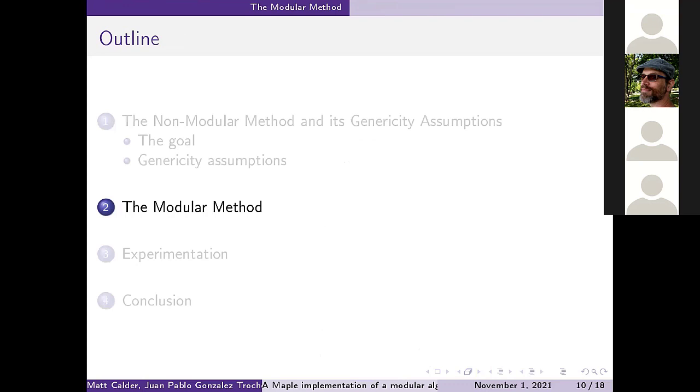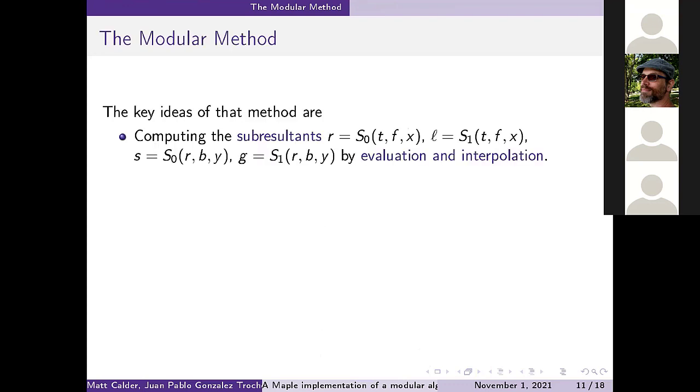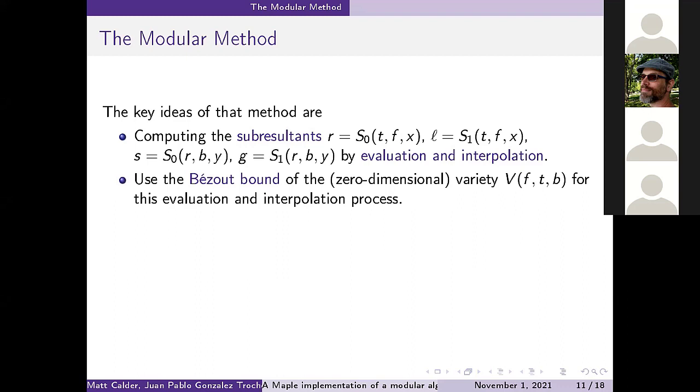So now the modular method. What is important about the modular method that we are implementing is that the subresultants r, l, s, and g will be computed by evaluation and interpolation. We use the Bézout bound of the variety of the input polynomials for this evaluation and interpolation process.